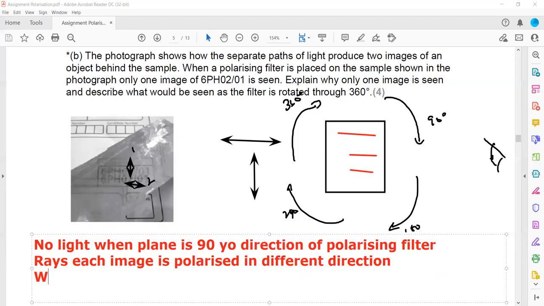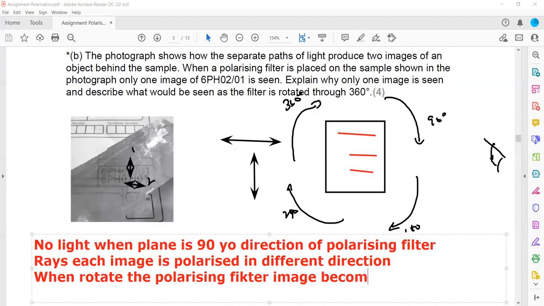And when we rotate the polarizing filter, the image becomes fainter. And what is the reason for that?